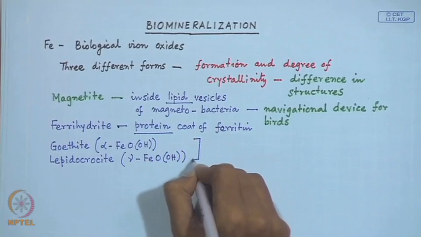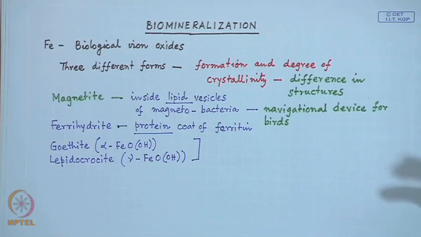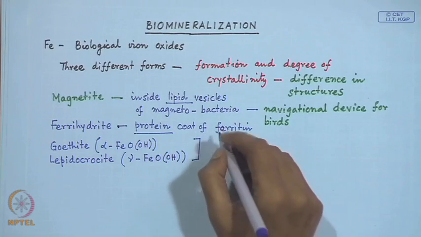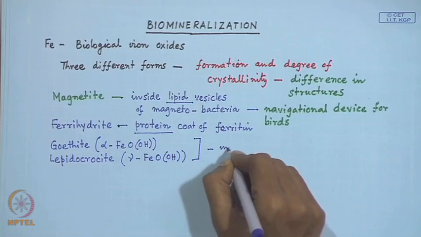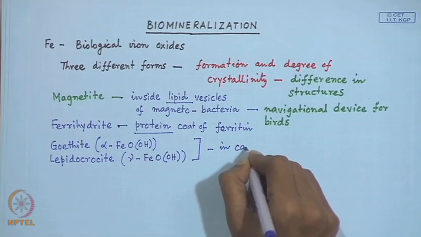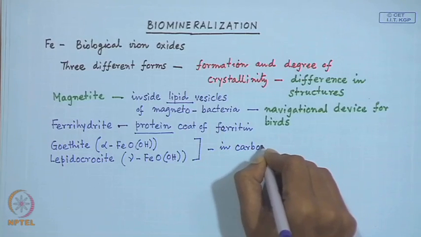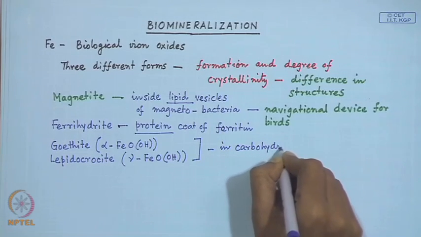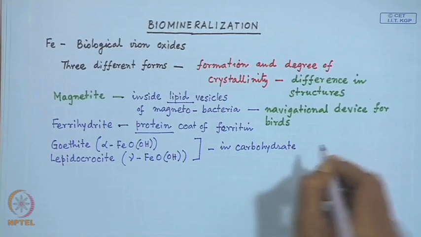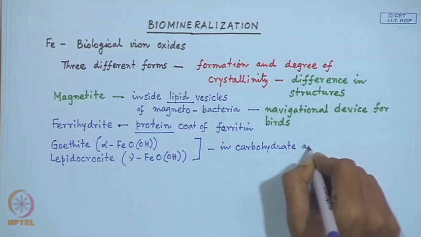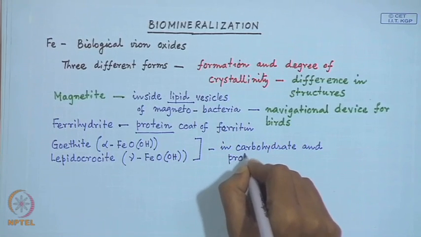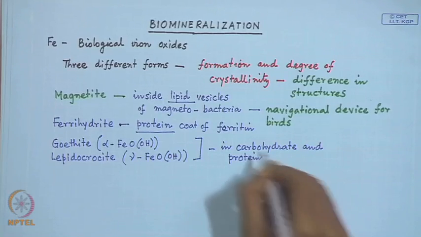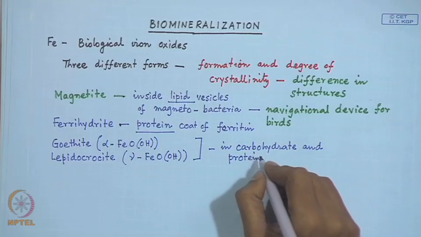These two are forming in another medium. So, the matrix is different, the medium is different. They are formed in a carbohydrate and protein matrix, a mixture of these two.